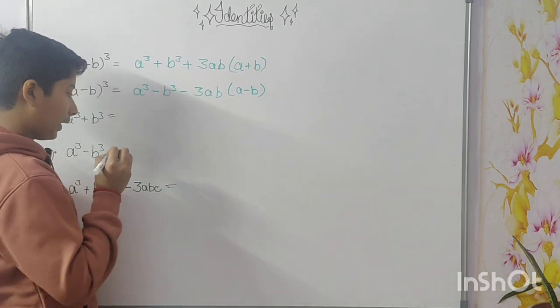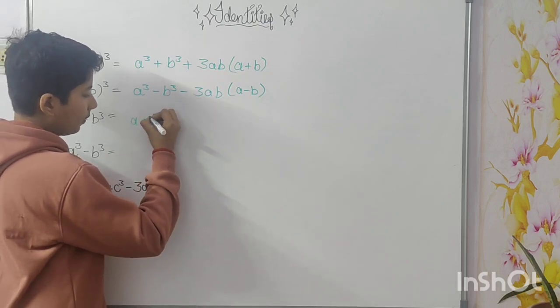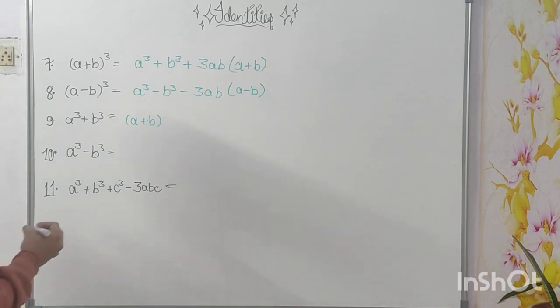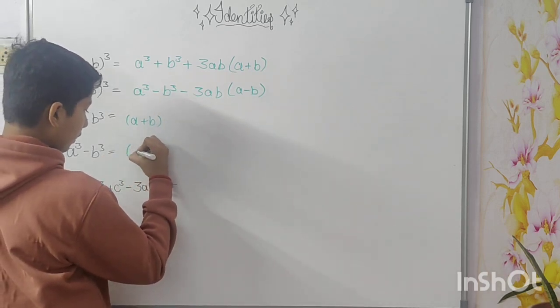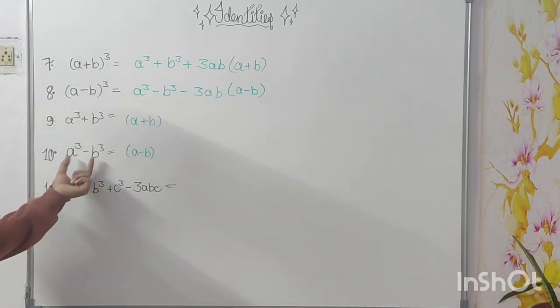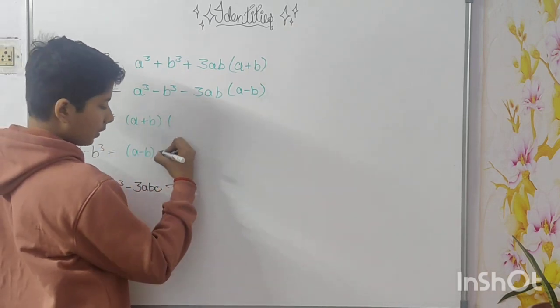Firstly, a cube plus b cube. It is a plus b in one bracket, and over here, a minus b in one bracket, because this is a cube minus b cube and this is a cube plus b cube.